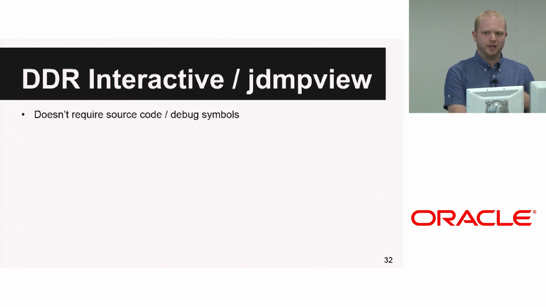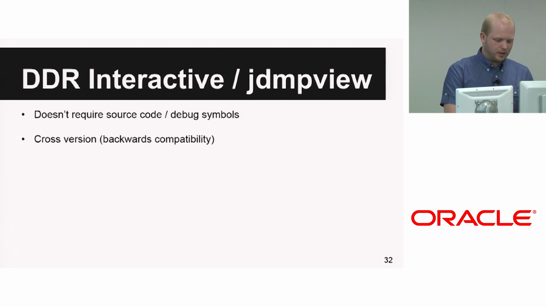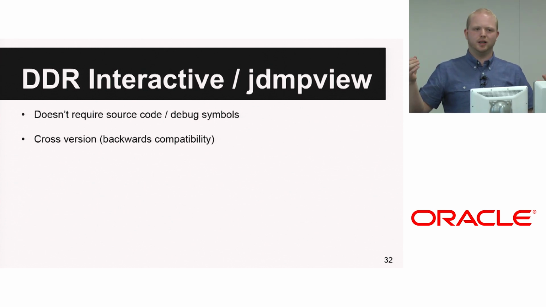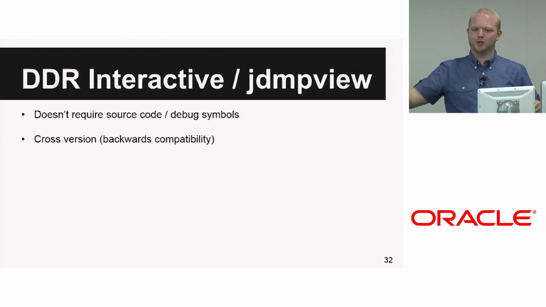We know a lot about the internal shape of the JVM just from the core file itself. And in the spirit of Java, it's backwards compatible, so cross version: you can read older cores on newer JVMs.